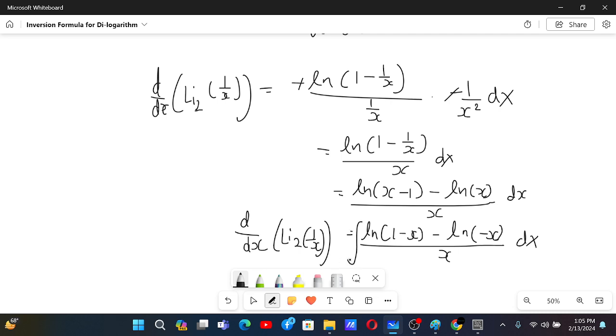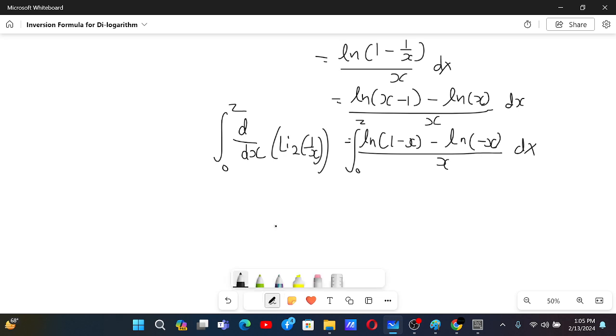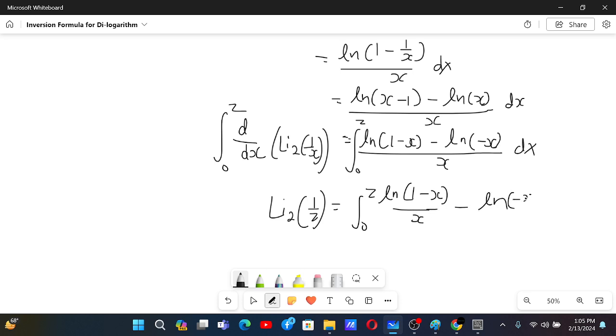Now let us integrate both sides from 0 to z. Now this will just give me li2 of 1 by z from Leibniz rule, and over here we will have the integral from 0 to z of ln of 1 minus x over x minus ln of minus x over x dx.